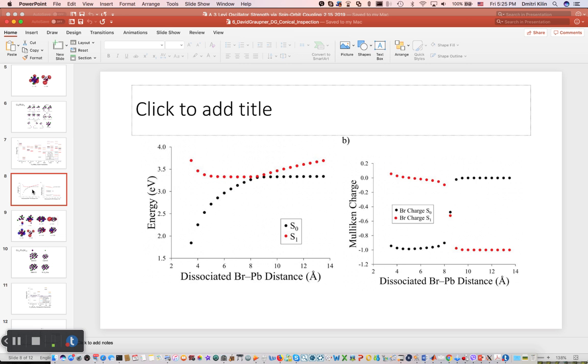While over here we have the Mulliken charge for the same system, and we have them approximately equal at the same point.